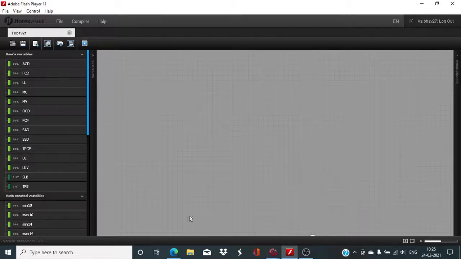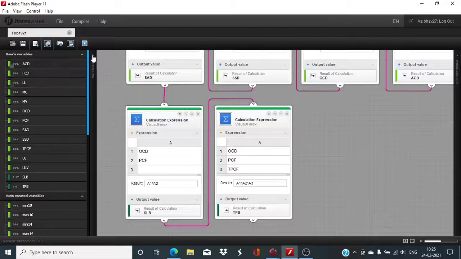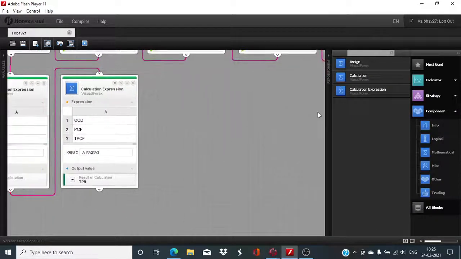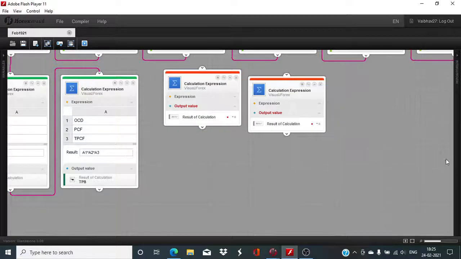Now we head back to the defining of stop loss and take profit for the sell side, and two more calculation expressions will be required for that.